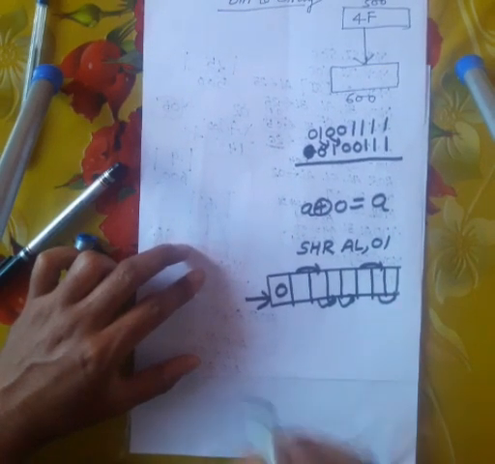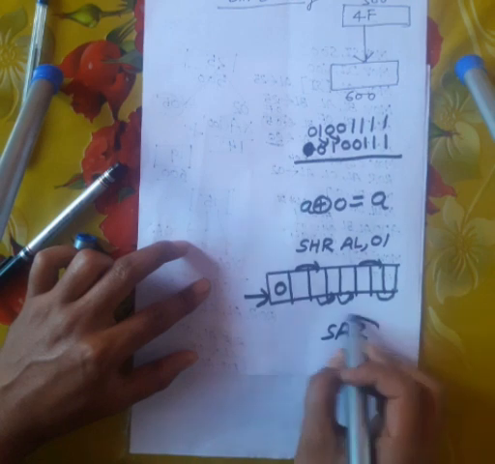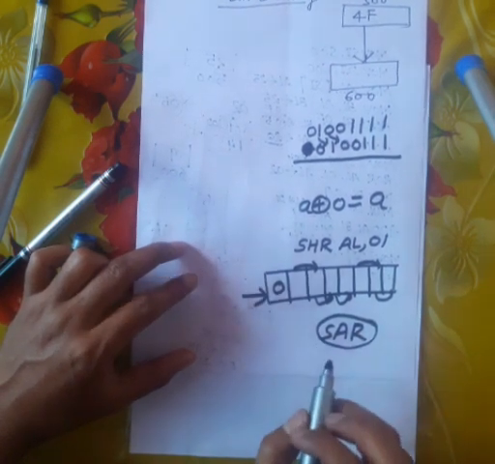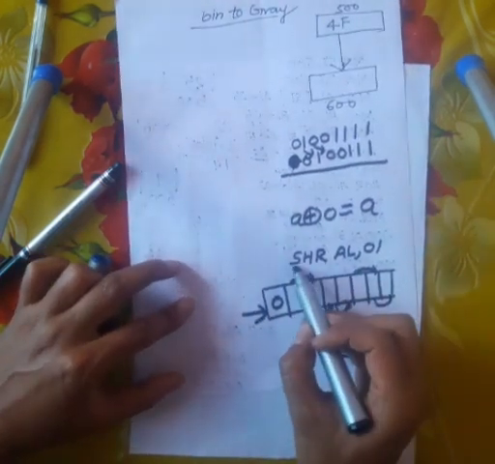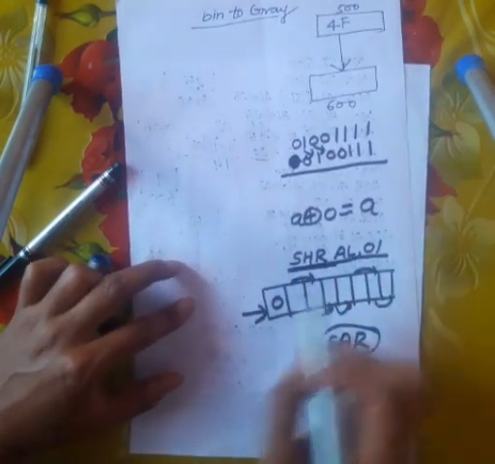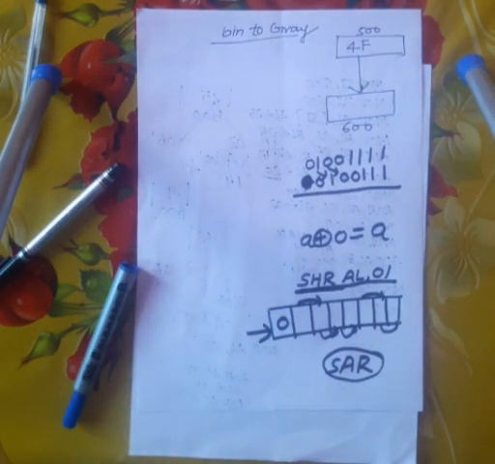Similarly there is one instruction, SAR, shift arithmetic right. In this case the MSB is retained. So we will use the SHR instruction. It will shift the contents of the accumulator towards the right direction by one time, and the MSB is 0.